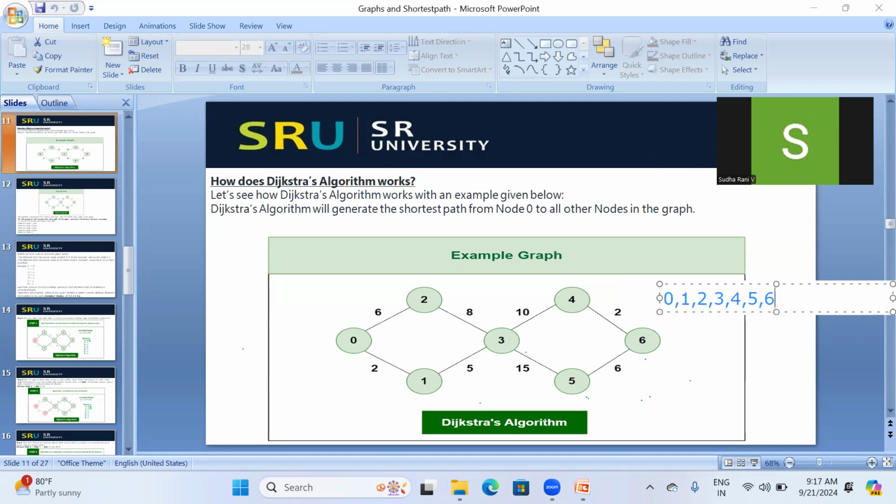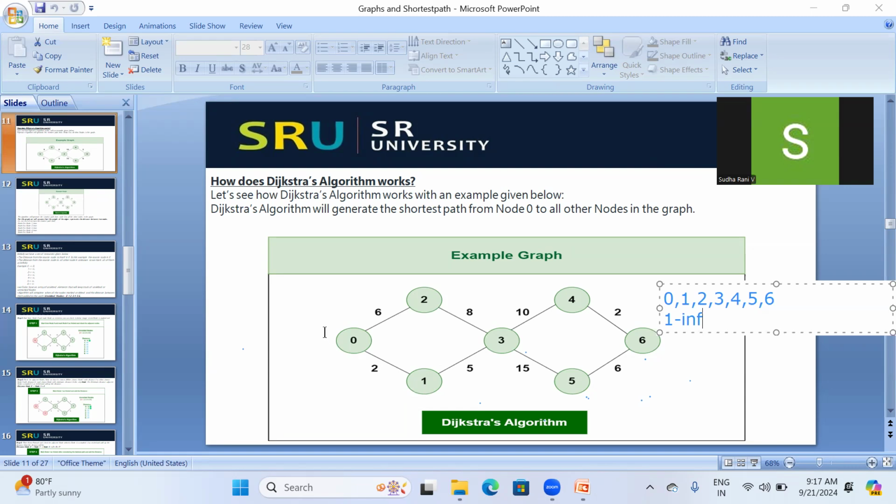But when we start traversing, we take every value as infinity. So when I am traversing from 0 to 1, at the starting stage I consider that the distance to travel from 0 to 1 is infinity. Without traversing, I cannot calculate the value, and I cannot identify the distance between 0 and 1.